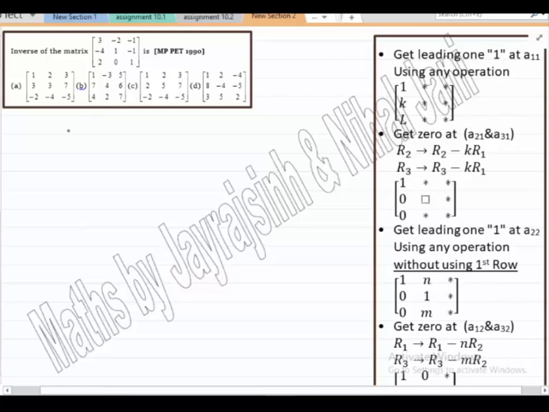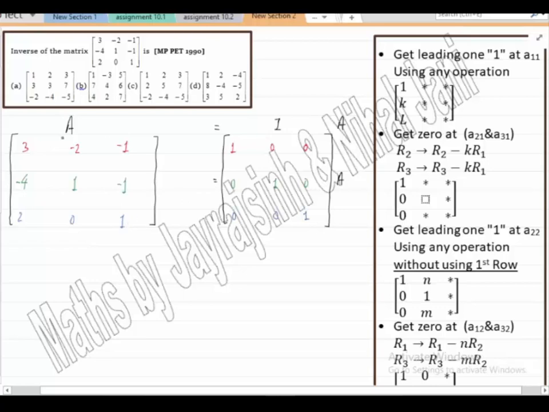We know that the first step is to write it in the form A = IA, and then let's start to get the identity matrix on the left side. For that, the first step is to get a leading one at the A11 point, right?